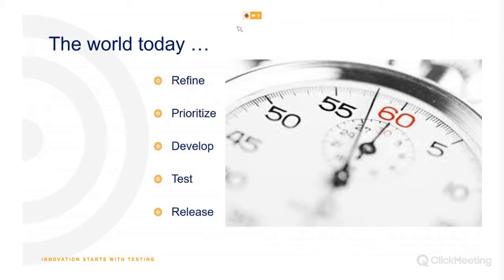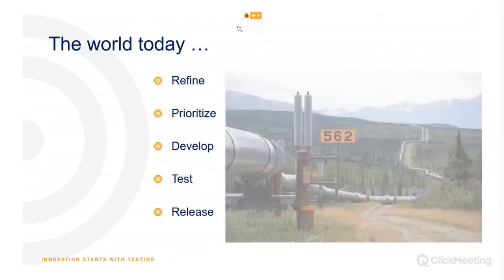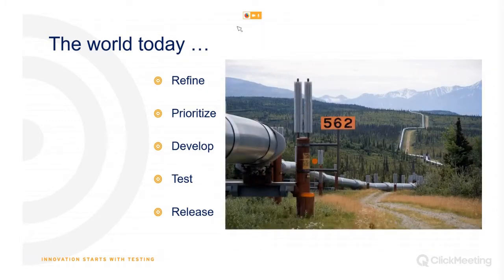On the clock with our IT business to be able to release quickly and on time and on demand. And in order to do that, we're looking at automating that as much as possible.